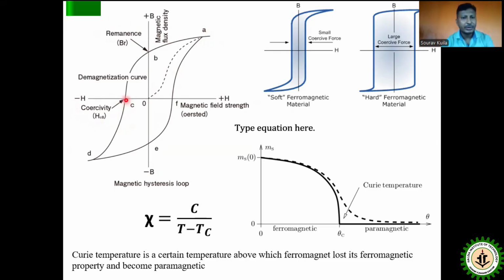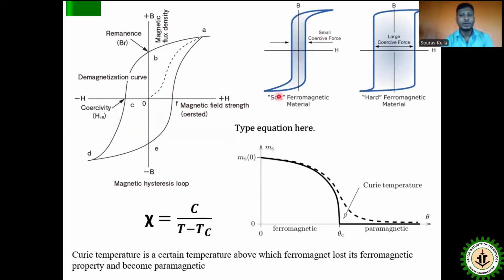Depending on the value of the coercive field, we classify the ferromagnetic material in two categories. One is soft ferromagnetic material, another is hard ferromagnetic material. In soft ferromagnetic material, you can see the coercive field is very small. That is, you can demagnetize the material very easily. With a very small reverse magnetic field, you can demagnetize the material.